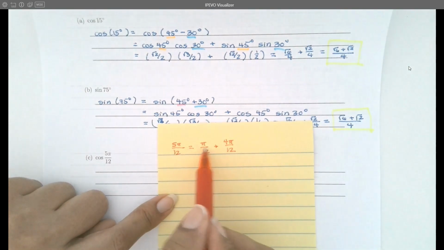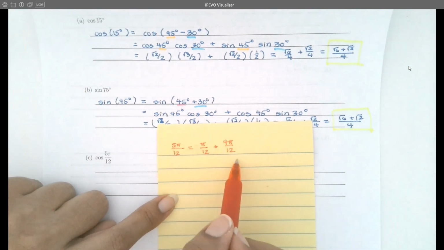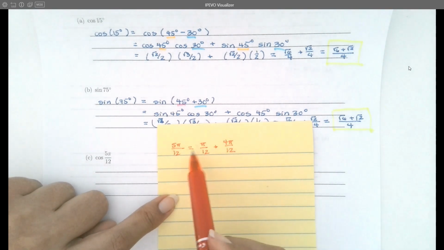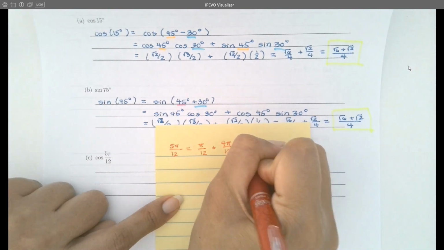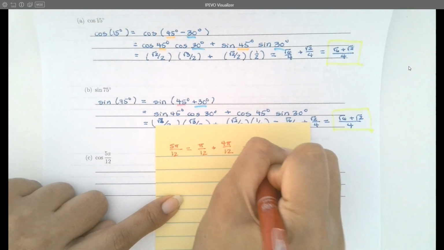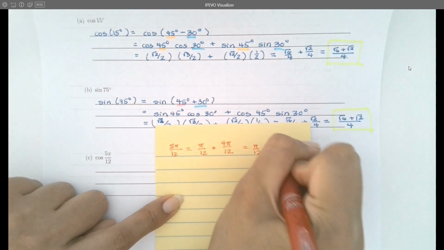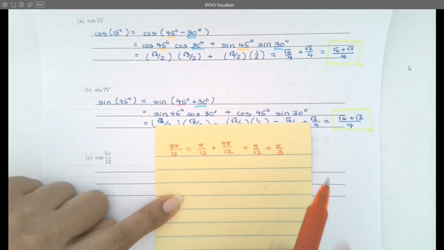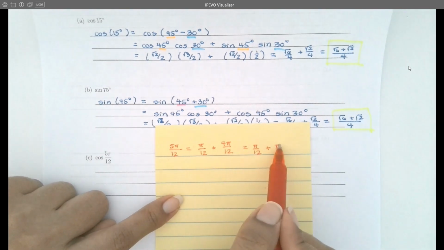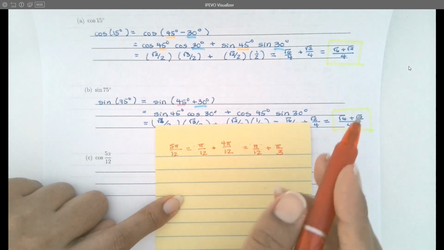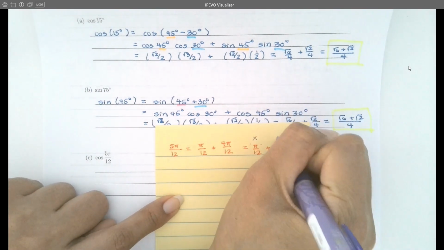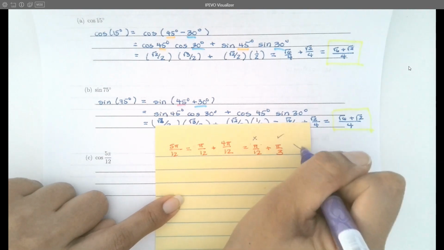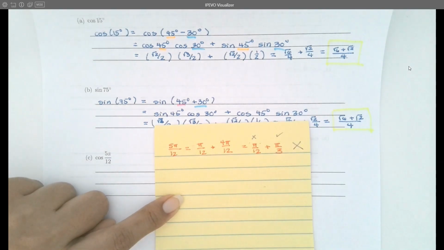And then I check if these two reduce to any angle that is on the unit circle. So pi over 12 doesn't reduce, 4 pi over 12 reduces to a pi over 3. This is on the unit circle, but pi over 12 is not. So because there's at least one angle that is not on the unit circle, we kind of discard this possibility.